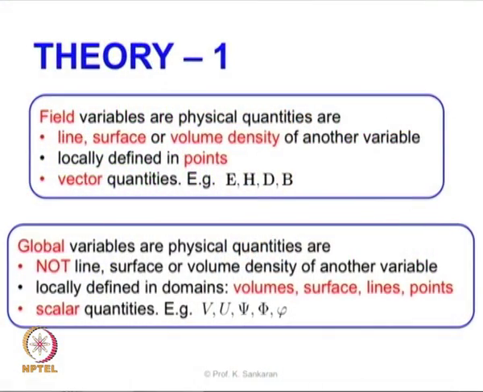So the counterpart of it, which we already discussed, are the global variables. I use the word global variables cautiously because in some cases we can also call them integrable variables. I do not use the word integrable variables for the simple reason that when we look into the point association, it is not possible to talk about integration of a point.